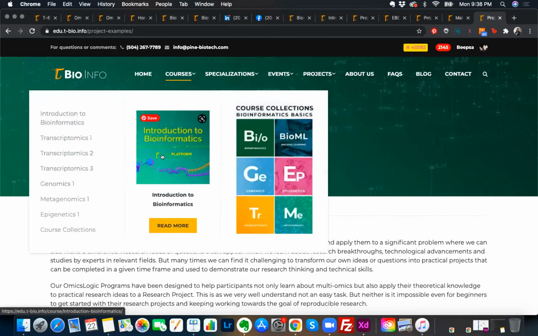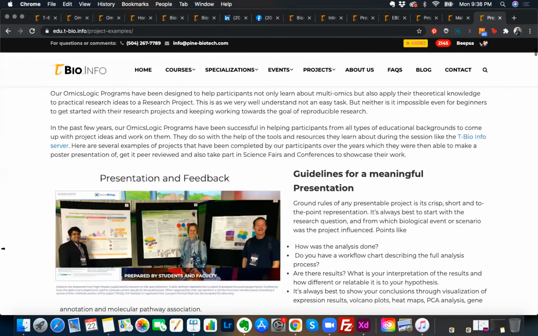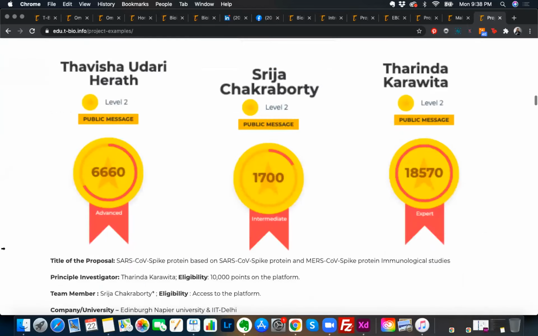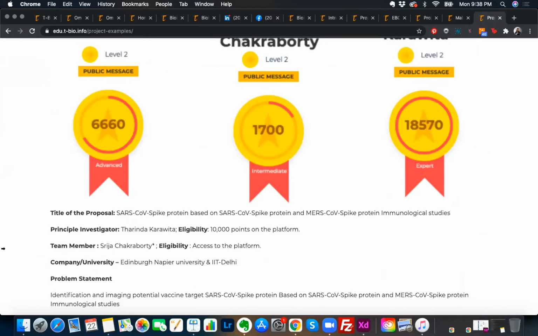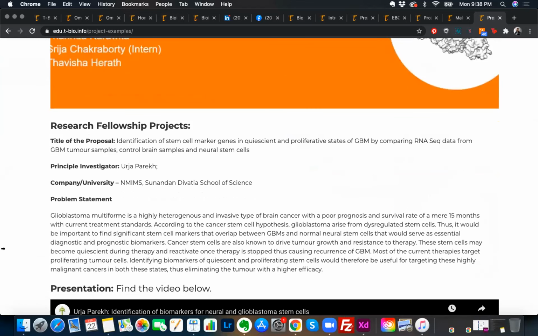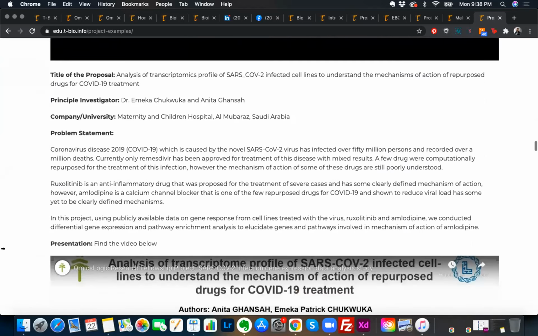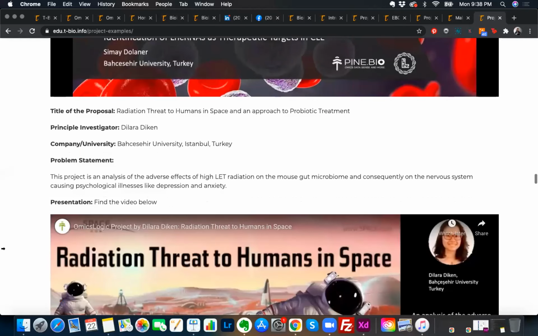They have done some of their work and it is featured here. Many of them are going towards working on a publication or writing a paper. These are the different projects that you can see, and they cover different areas and applications of bioinformatics to different kinds of data sets. So please feel free to explore this page as well.